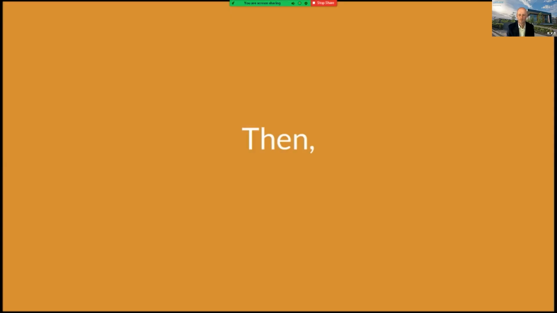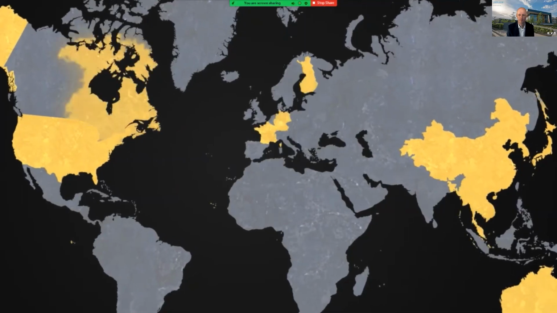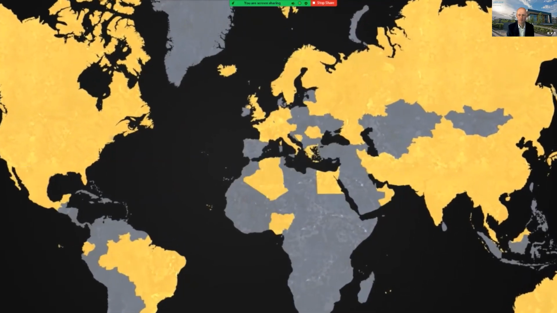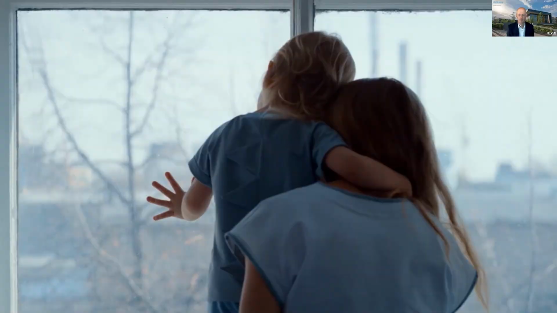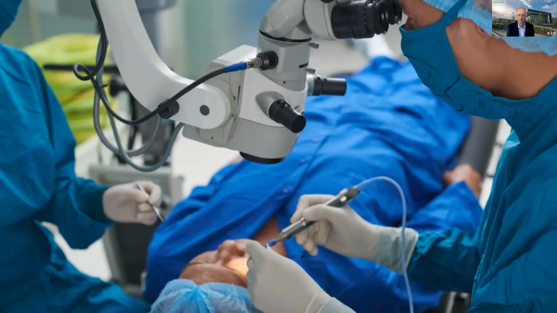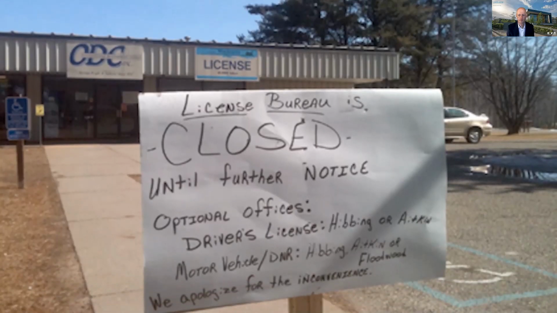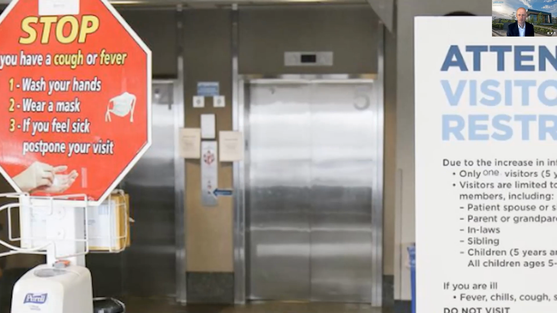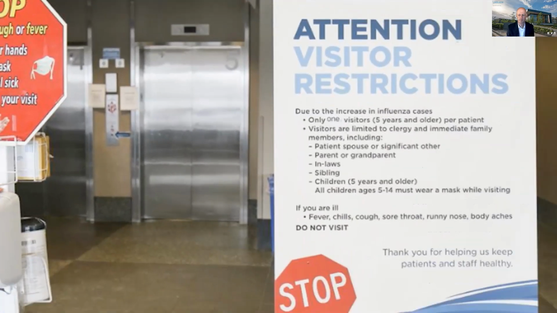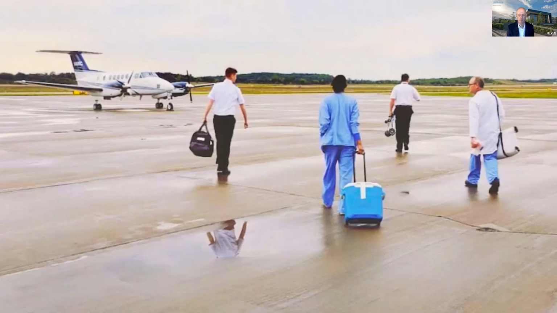Then, March 2020 arrived, and the world shut down. Confusion, unknowns, worry. Elective surgeries were canceled, driver's license offices closed, and access to hospitals was impacted. Everything changed, except our mission.